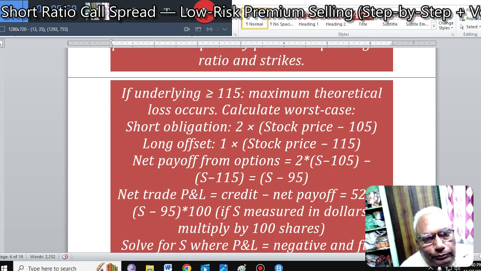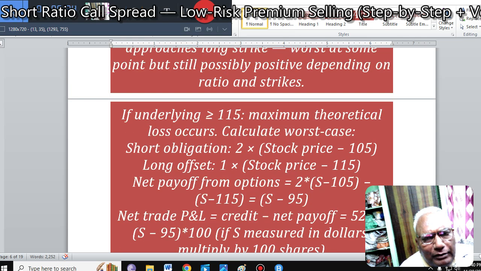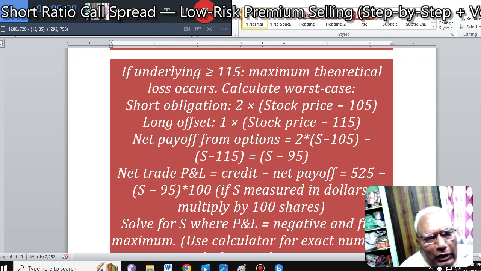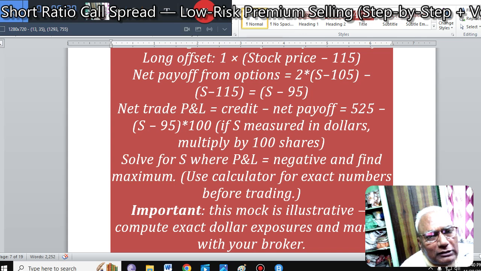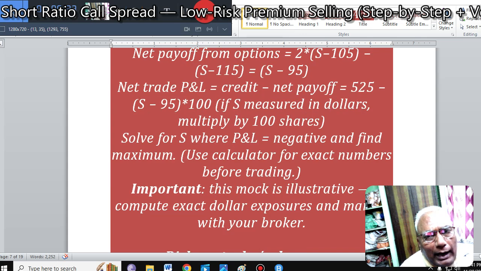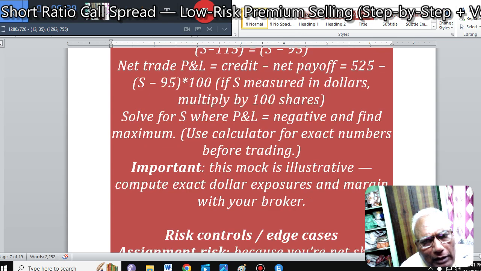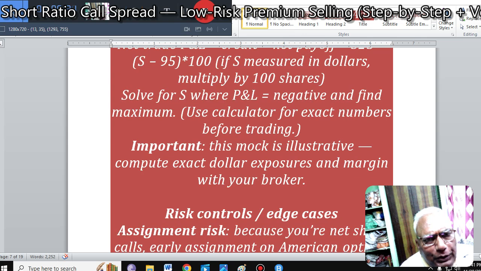Net trade P and L equals credit minus net payoff: 5.25 minus (S minus 95), multiplied by 100 if measured in dollars per 100 shares. Solve for S where P and L is negative and find the maximum loss. Use a calculator for exact numbers before trading. Important: this mock is illustrative, so compute exact dollar exposures and margin with your broker.